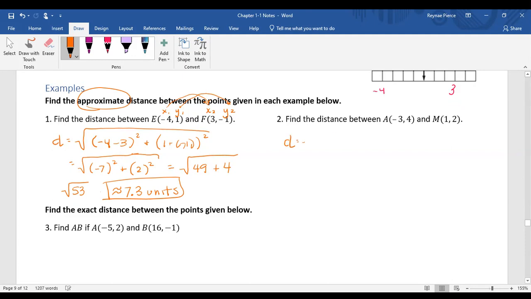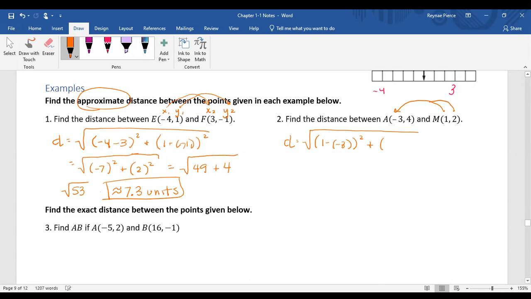Example 2, very similar. Let's find the difference of our x's, and I want to show you we can go the opposite way when we're subtracting from the second point to the first point. 1 minus -3.